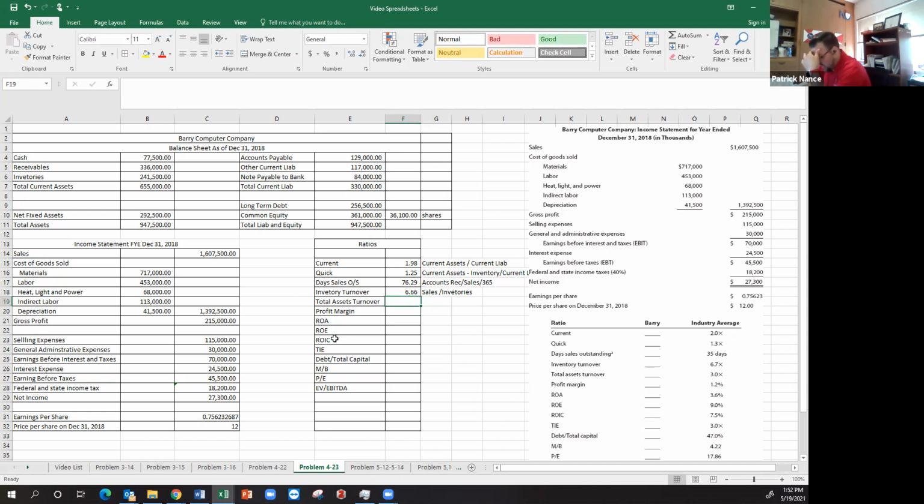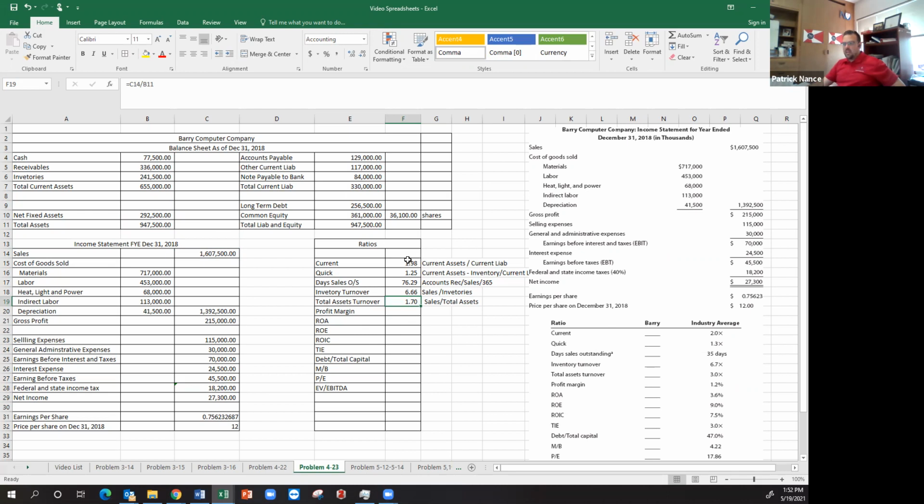Total asset turnover. Total asset turnover is sales divided by total assets. So I've got sales by my total assets. It's roughly 1.7.